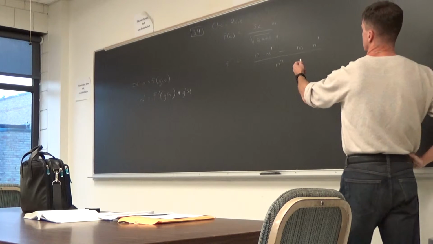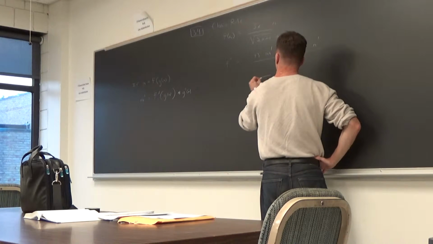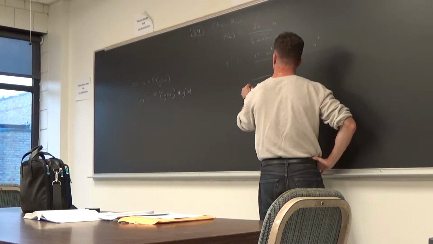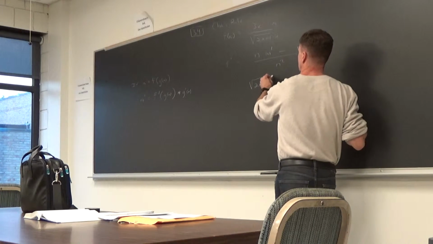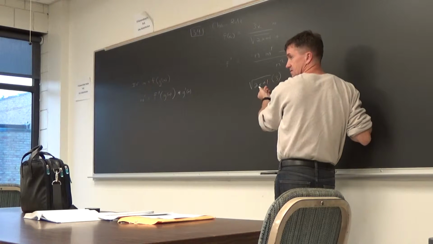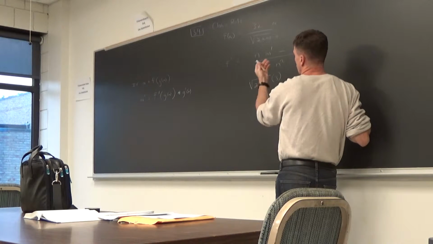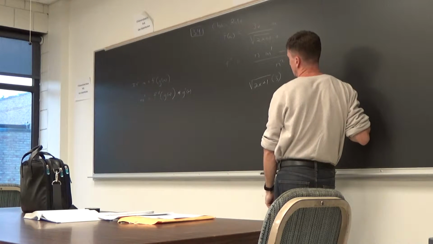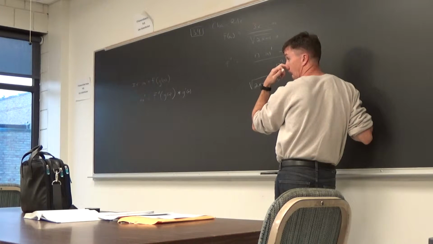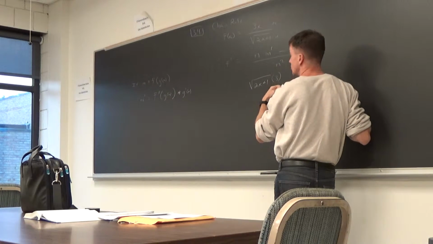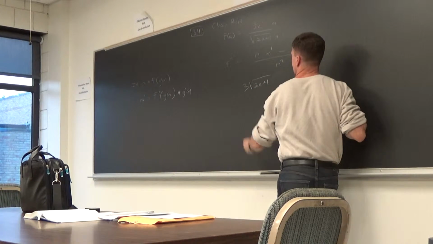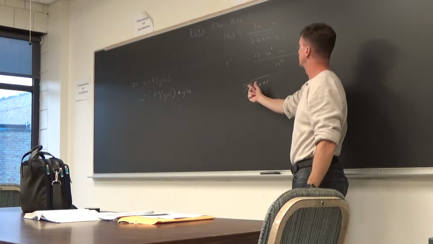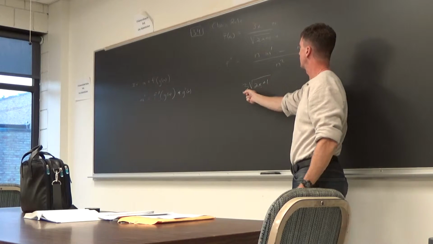Well, N's going to be easy: square root of 2x plus 1. M prime, that's a piece of cake, everyone, you agree? 3. It's low d high, piece of cake. So there's low d high. There's N. There's M prime.